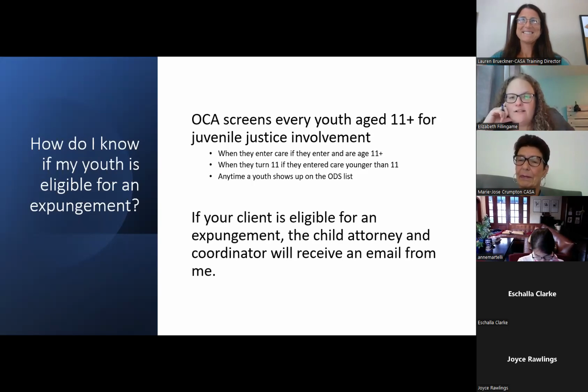It's something called an amenability hearing that has to happen in family court. So if the Attorney General's office wants to charge a juvenile as an adult, they have to have an amenability hearing before a family court judge and explain why they want to charge as an adult and why they think that's appropriate. And then the family court will make a determination as to whether or not that child is, quote, amenable to rehabilitative services.